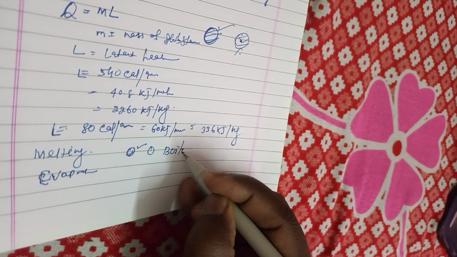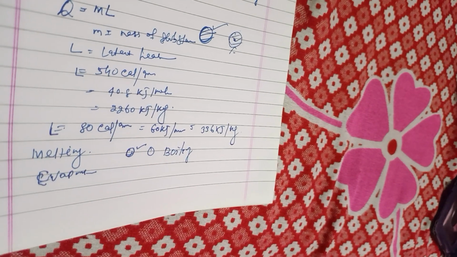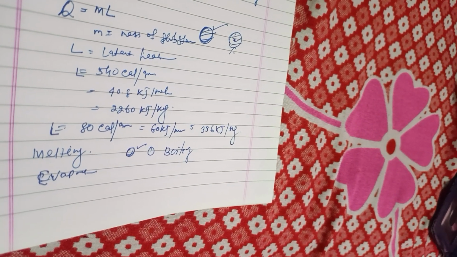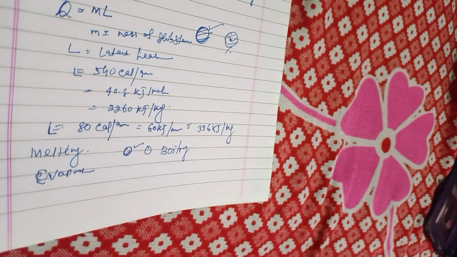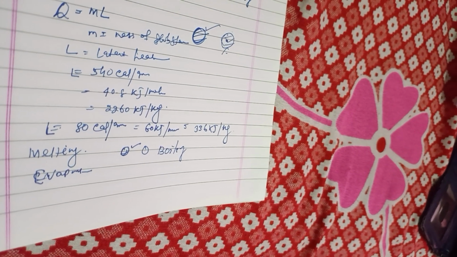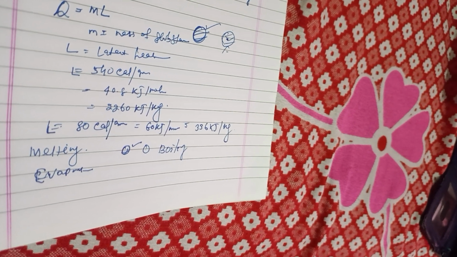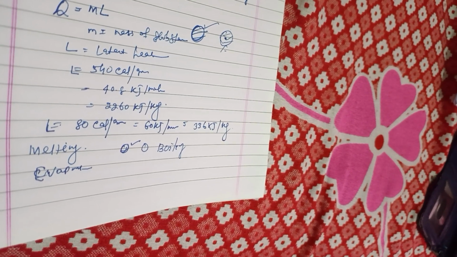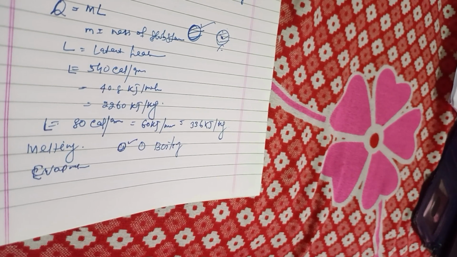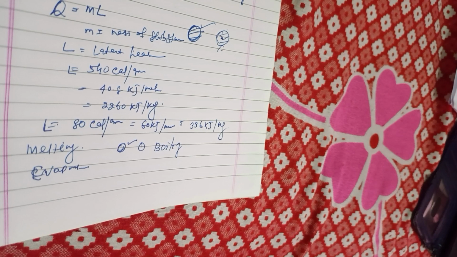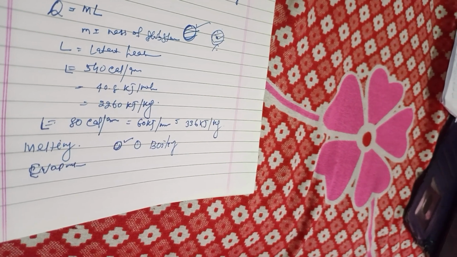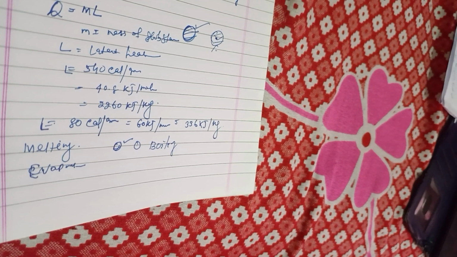Boiling. When a liquid is heated gradually, at a particular temperature the saturated vapor pressure of the liquid becomes equal to atmospheric pressure. Bubbles of vapor rise to the surface.